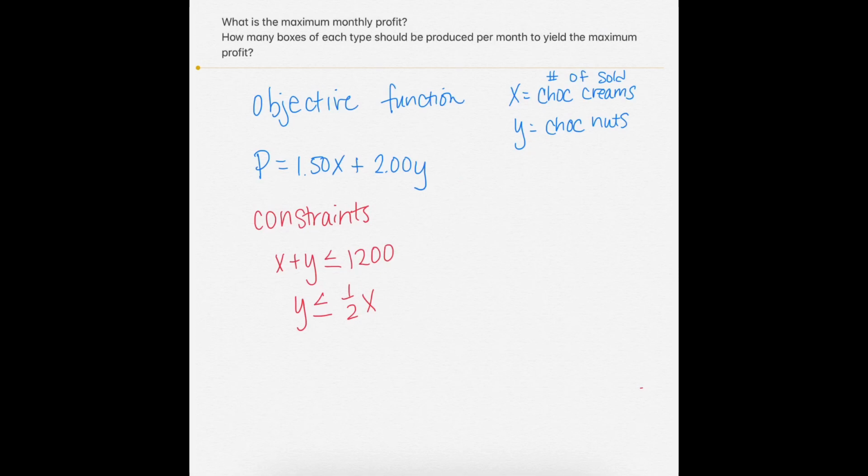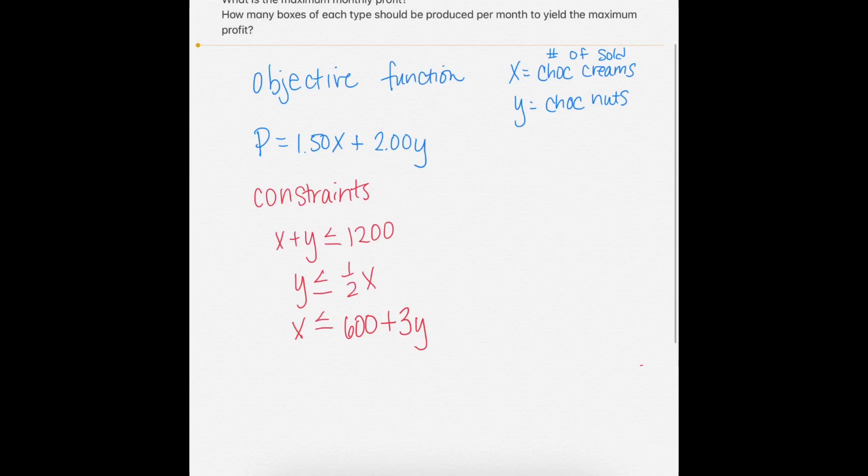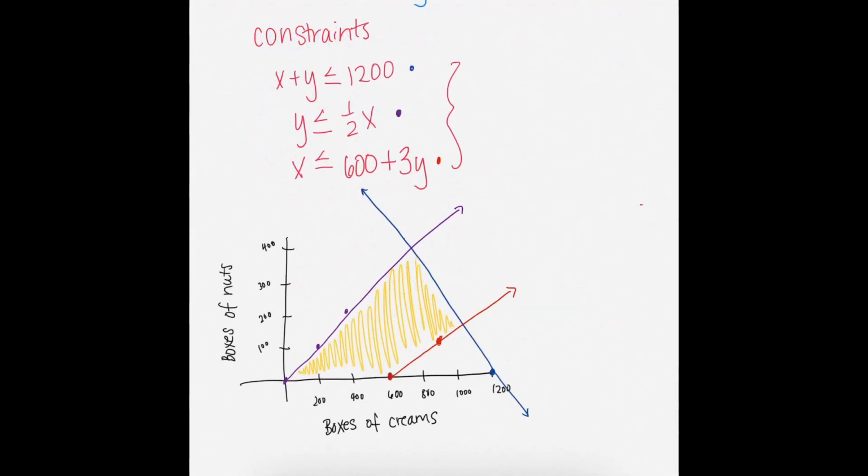So that means that our chocolate covered creams should be less than or equal to 600 plus 3 times the chocolate covered nuts. So we literally are just interpreting the terms into mathematical operations. All right, so here's our constraints, and here is our objective function.